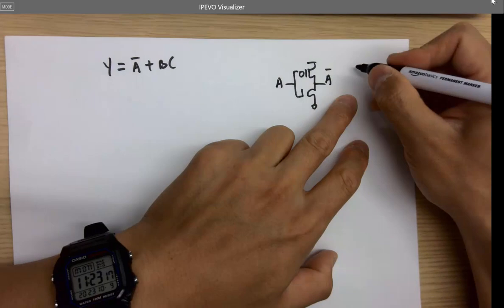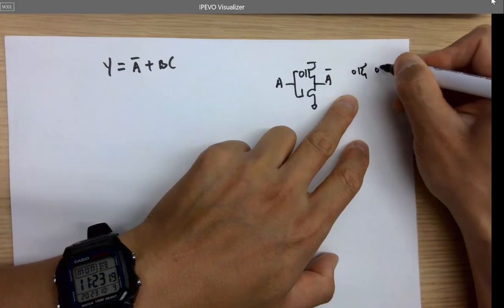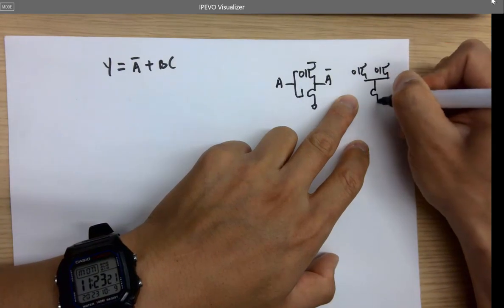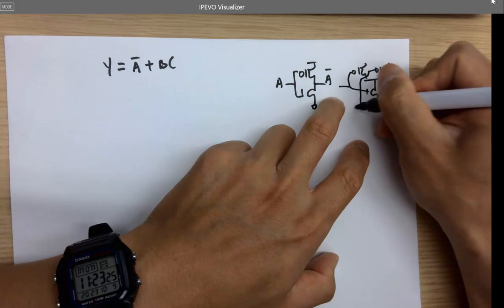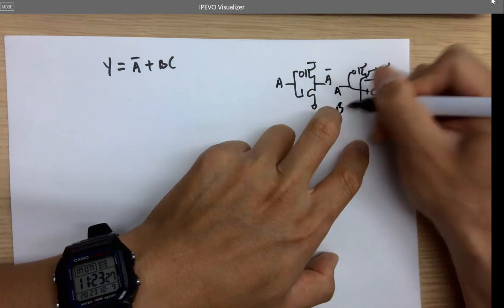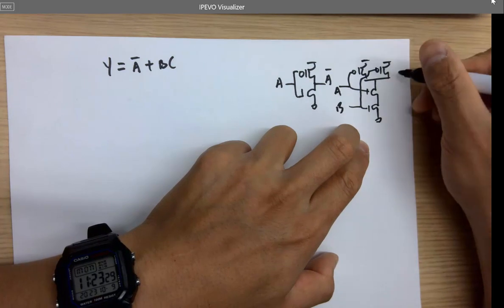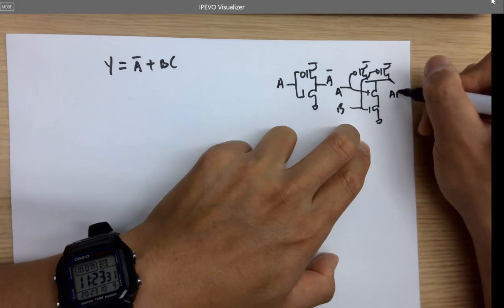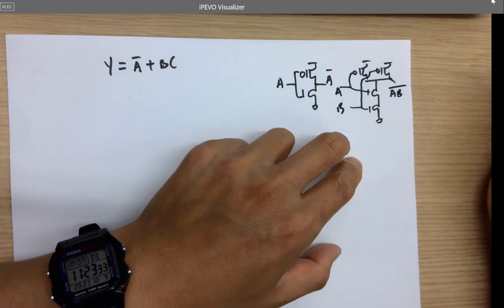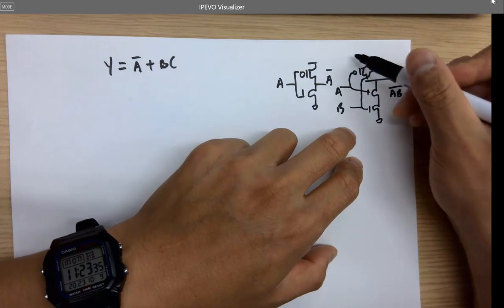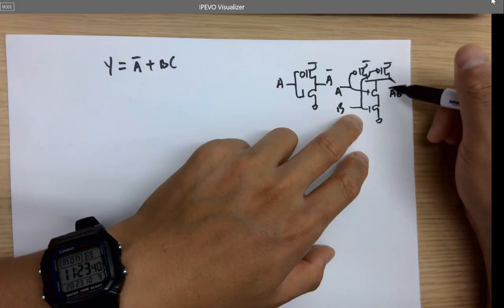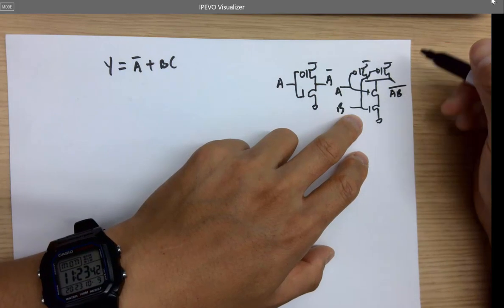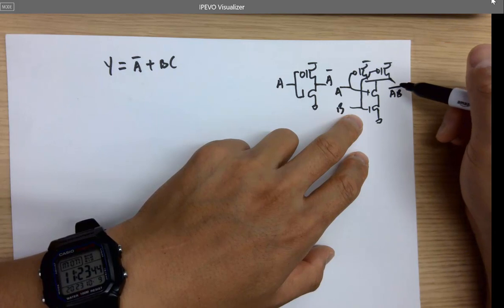For NAND gate, AB, and this becomes AB not. So when we're using this way to design all the circuits using transistors, they're always being inverted. Always has a bar on top.